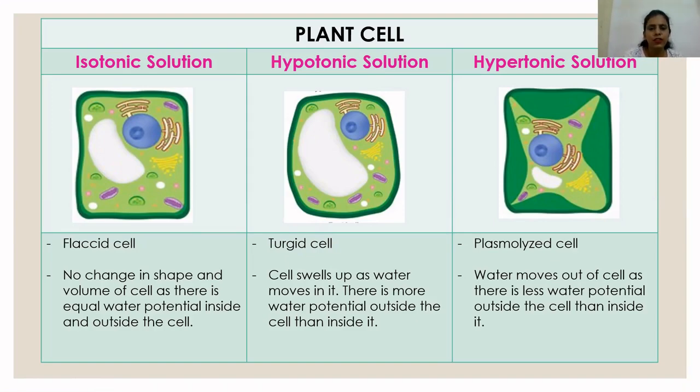Now you are aware that a plant cell has a cell membrane, and surrounding the cell membrane, the cell wall is present. The cell wall is very rigid, it is highly inelastic, and remember that the cell wall is completely permeable. That means it does not stop anything from going inside or outside the cell.